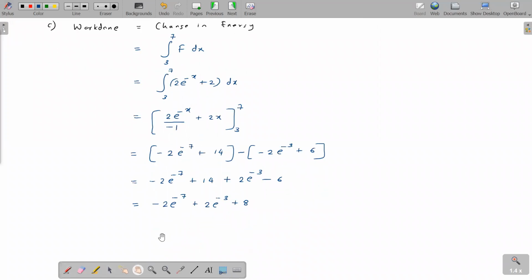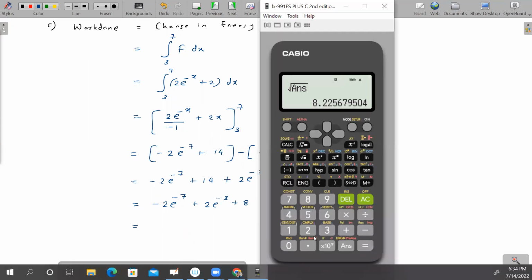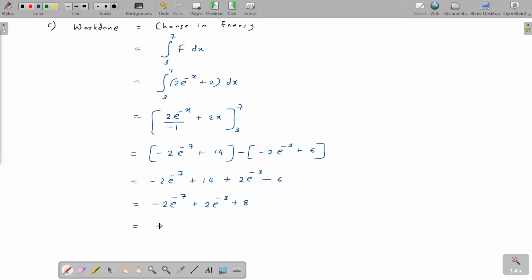So now you can type the whole thing in the calculator to actually get the work done. So 8.0977, correct to 3 SF, 8.10 joules. Okay.